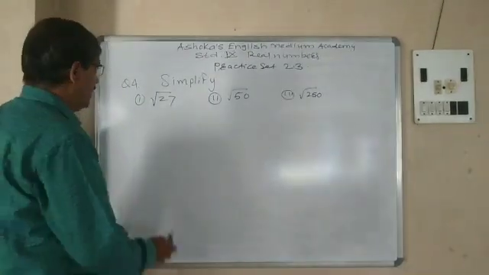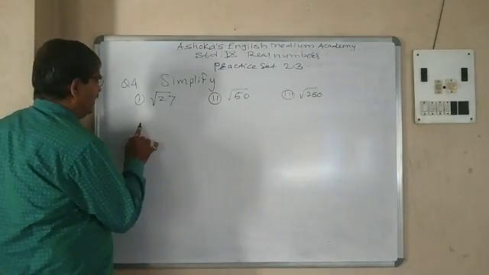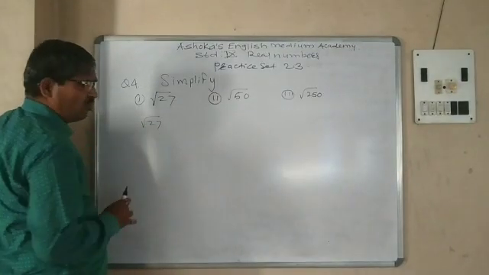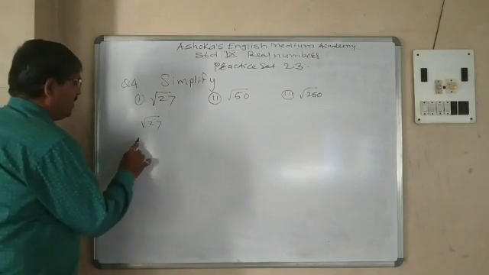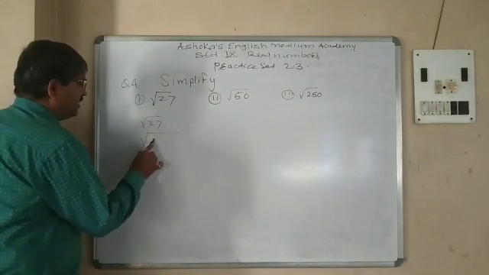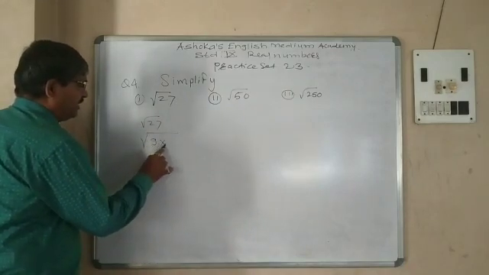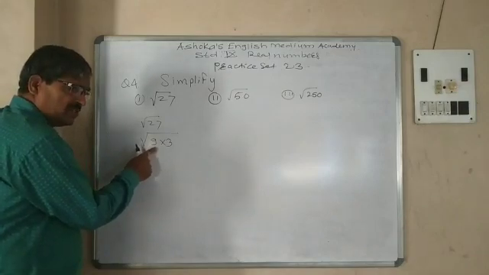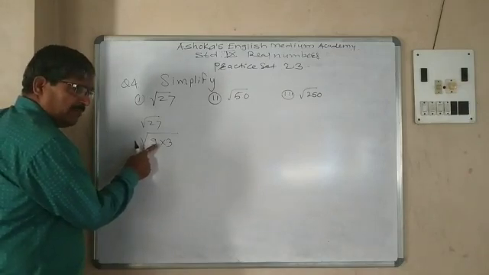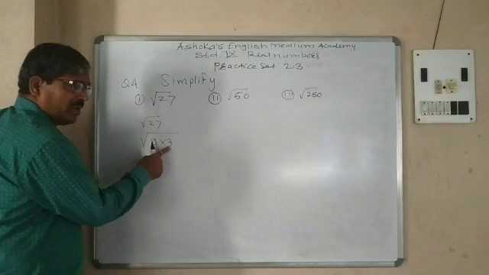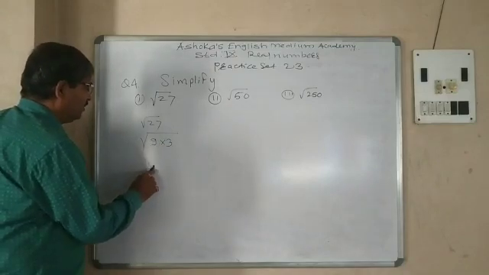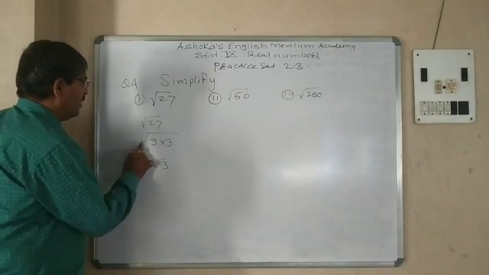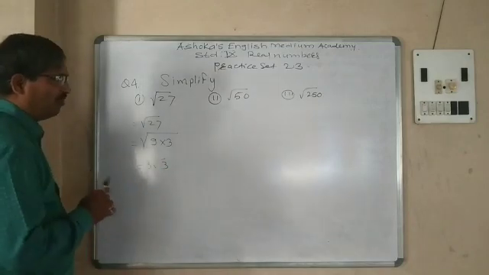What is the first question? Under root 27. You should find the factors of 27. I am directly splitting 9 threes. 9 is a perfect square number. This number should be the maximum, and the other one is a number whose square root cannot be calculated, it must be smaller. So what will happen? 3 under root 3 is the simplest form.